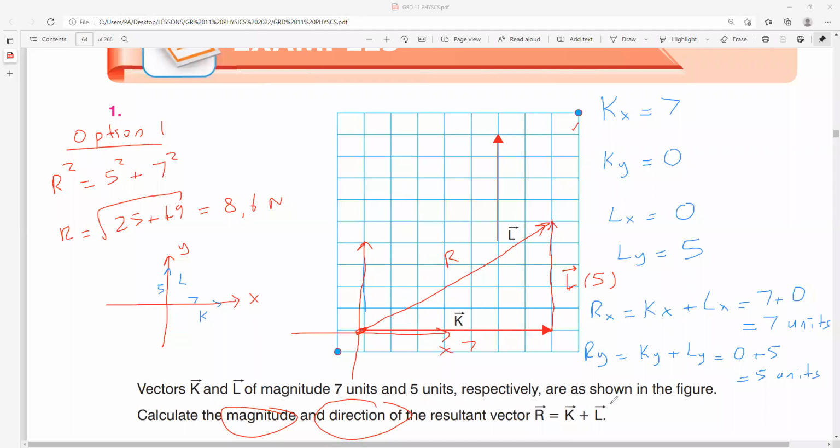R equals square root of Rx square plus Ry square. So from now, exactly the same. Rx is what we have, 7 units, plus 5, and then you are getting 8.6 newtons. All right, guys, we are using x and y axes. This system we are using to get our resultant force.